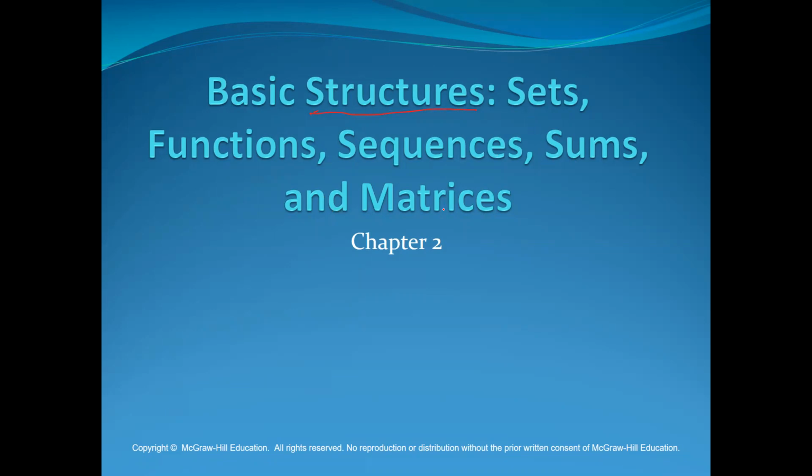In this chapter, chapter number 2 of your book, we will be discussing sets, functions, sequences, sums, and matrices, right? In this video, I will focus only on the sets. In the upcoming videos, we will be discussing more discrete structures, right?